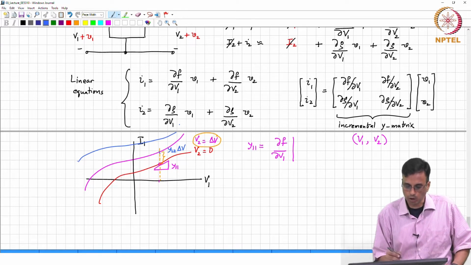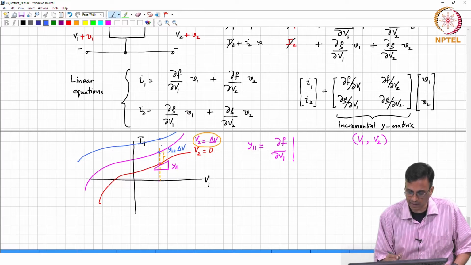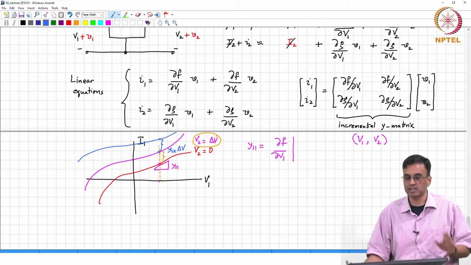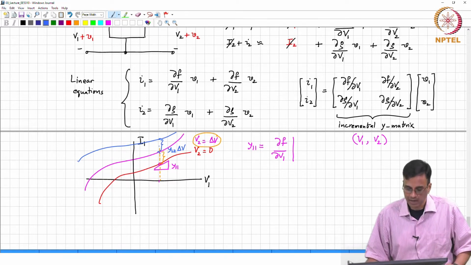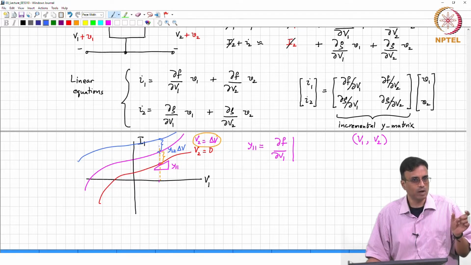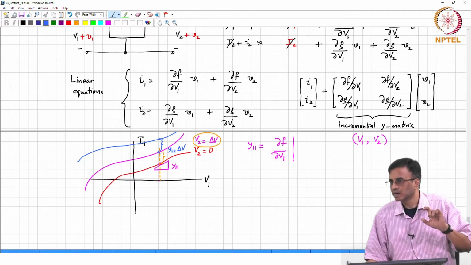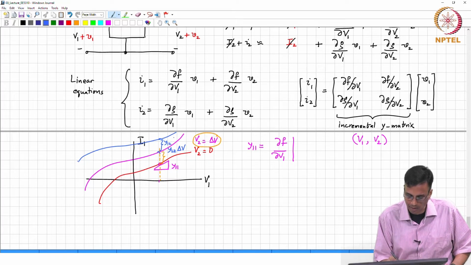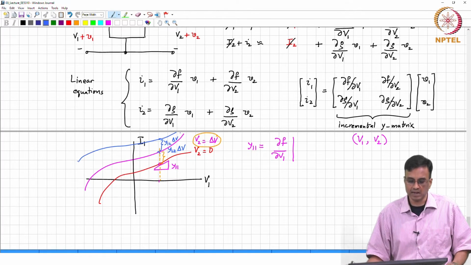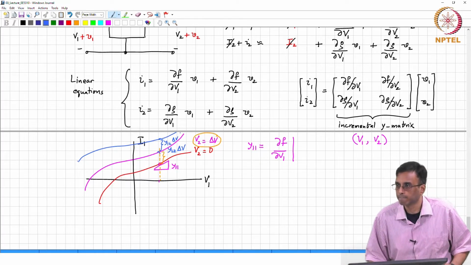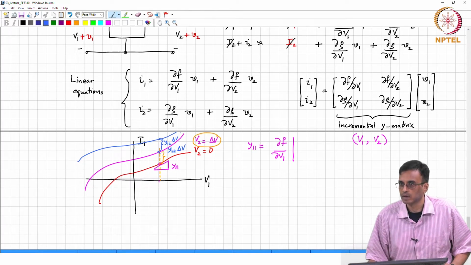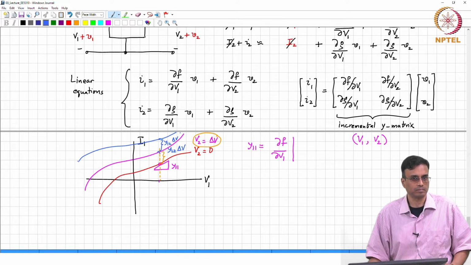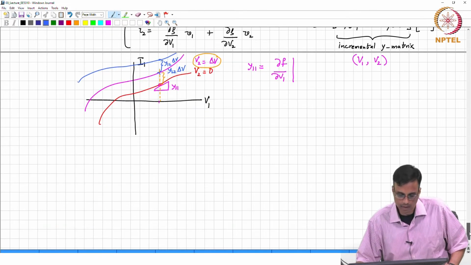But if delta V indeed qualifies to be a small signal, what comment can we make about that difference? It will be the same as the one before, assuming that delta V is a small signal. That will also be y12 times delta V. Okay. But in general, the curves will not be parallel. Is this clear? All right.